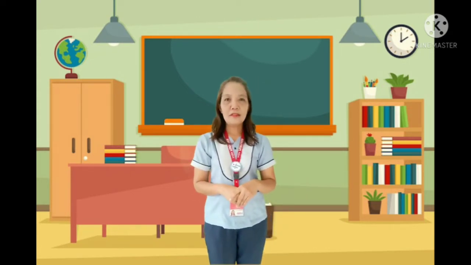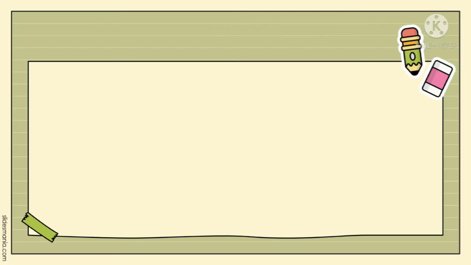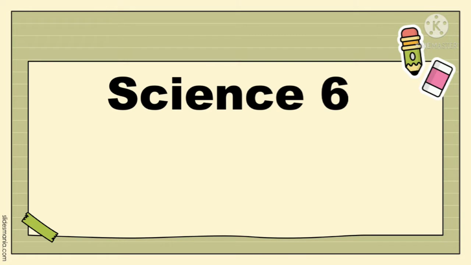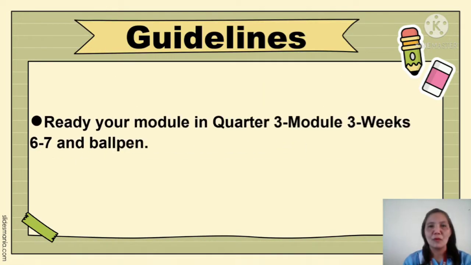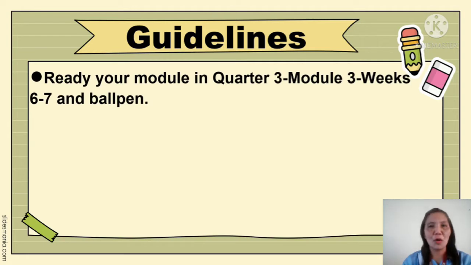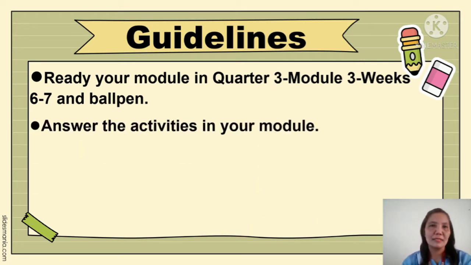Before we start, here are the guidelines in our video lesson. First, ready your module in quarter 3, module 3, weeks 6 to 7, and ball pen. Second, answer the activities in your module.